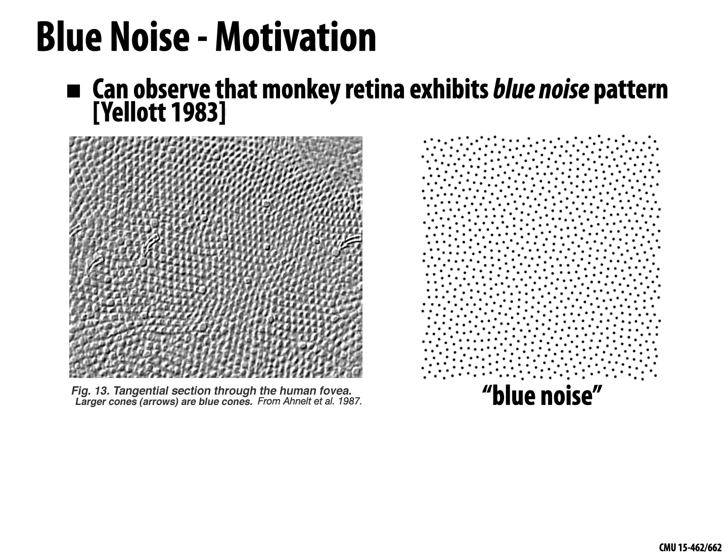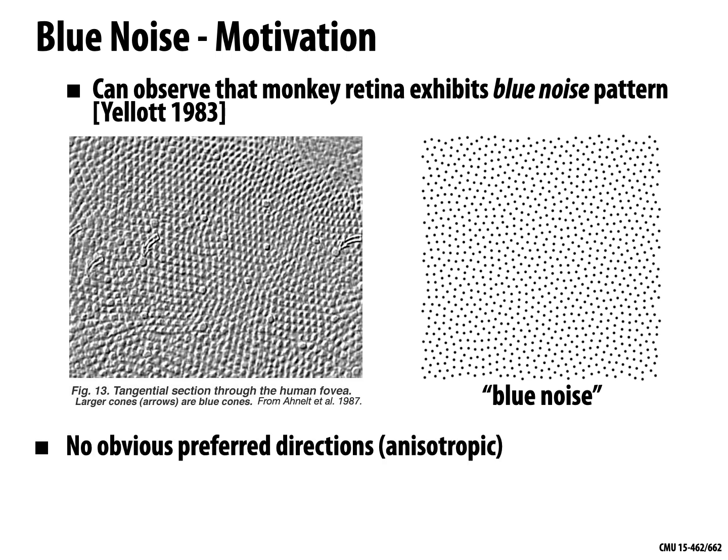We'll talk a little bit about what that means in just a second. But the high level is there's no obvious preferred directions in this pattern, and there aren't really preferred frequencies. You might say there's a kind of smallest scale, the separation between the points, but otherwise I don't see clear grid lines or something like that in this pattern.